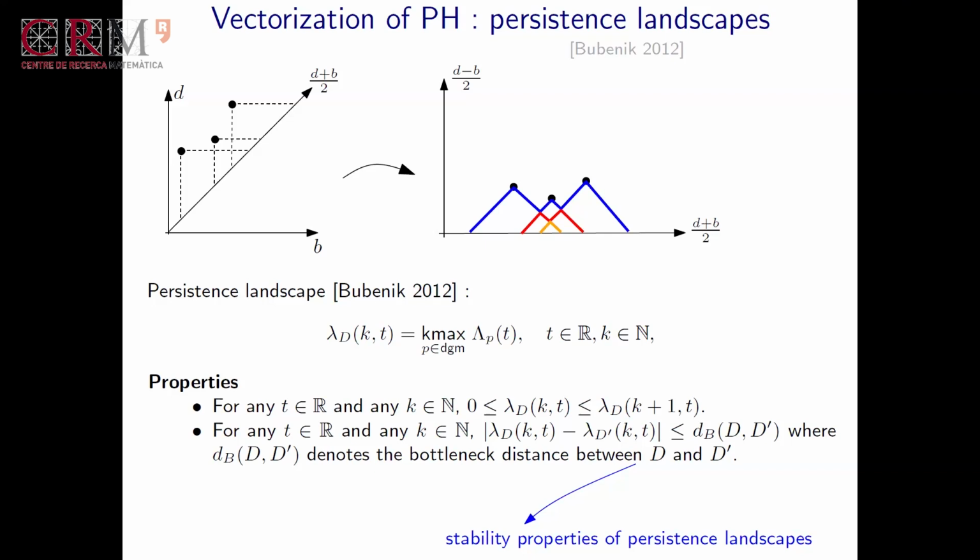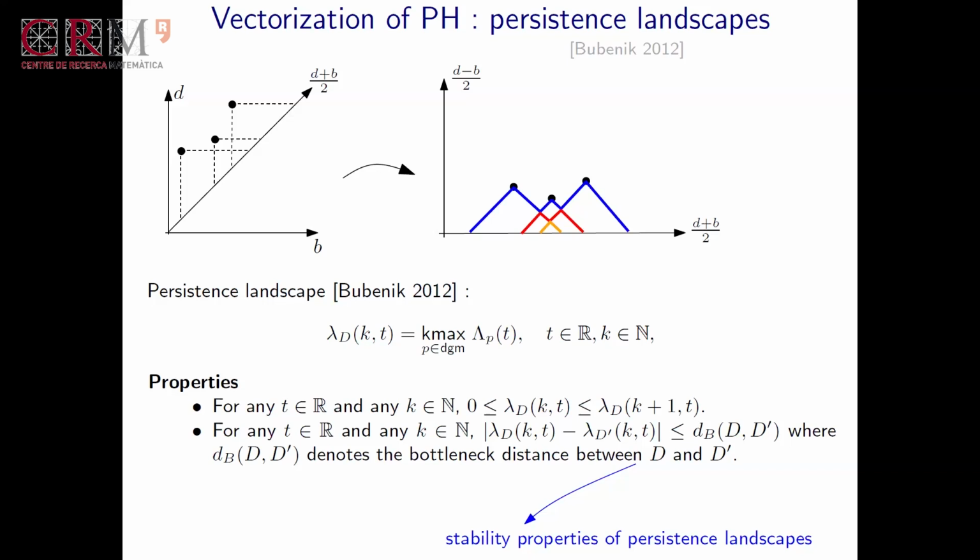And it's also quite an easy exercise to check that this embedding of persistent diagrams into the space of functions is injective. If two diagrams are different, you get two different landscapes, and when you get the landscape, you can recover the persistent diagram quite easily.